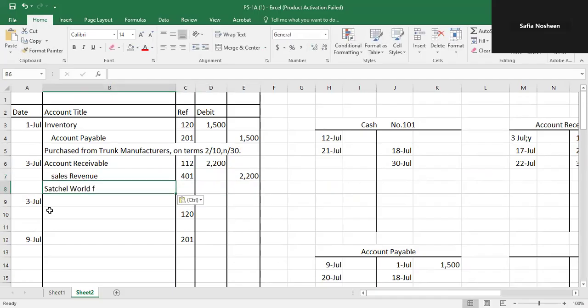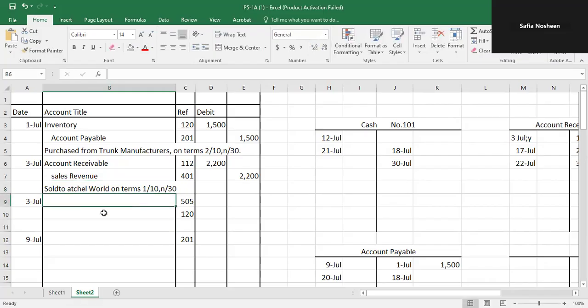Sold to Satchel World on terms 1/10, net 30.